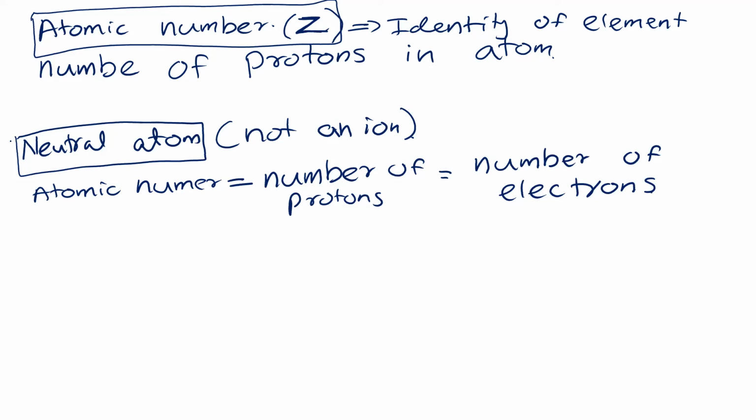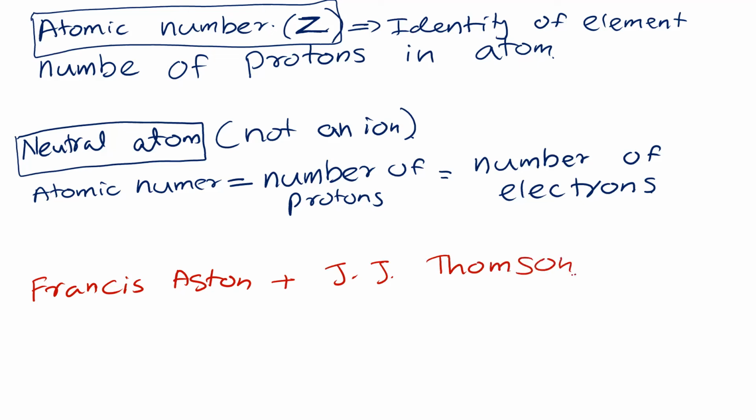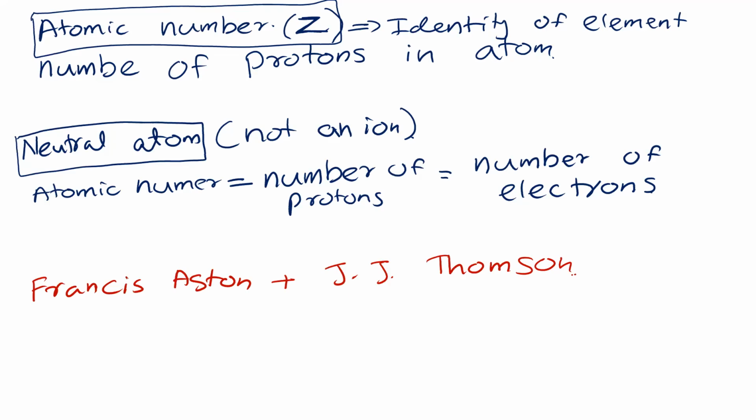Now, J.J. Thomson's name is popping up all the time. J.J. Thomson is a scientist who did a lot of other experiments, and together with another scientist named Francis Aston, they developed a small instrument called the mass spectrometer.